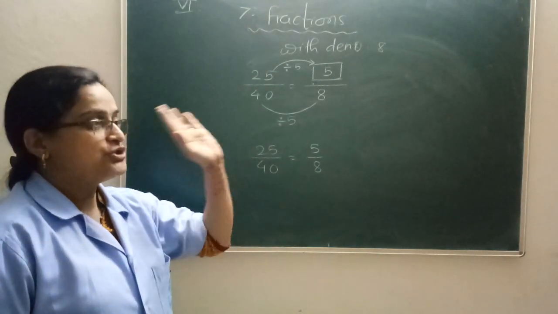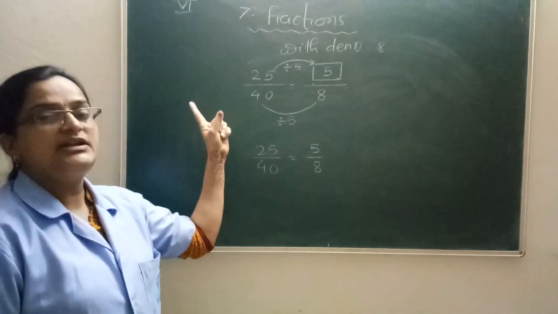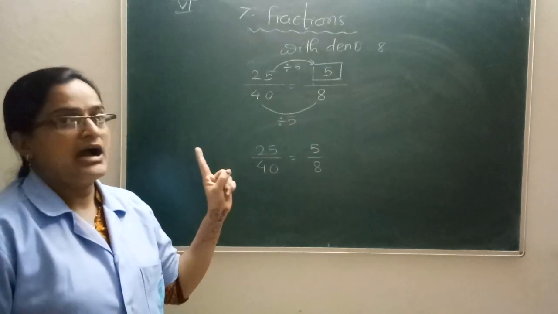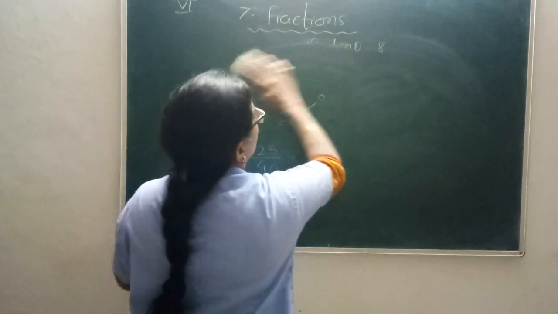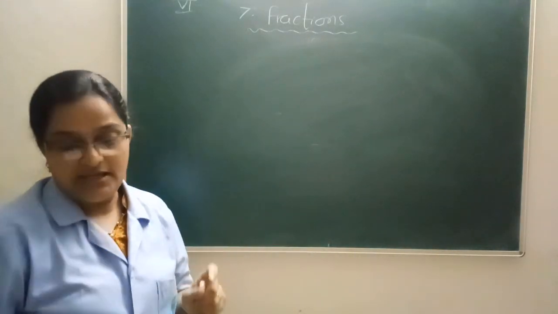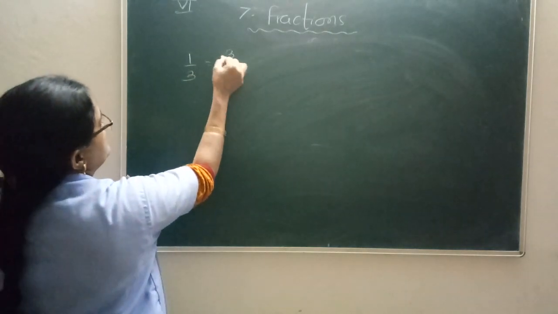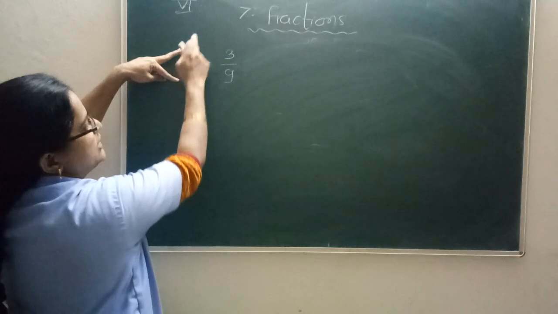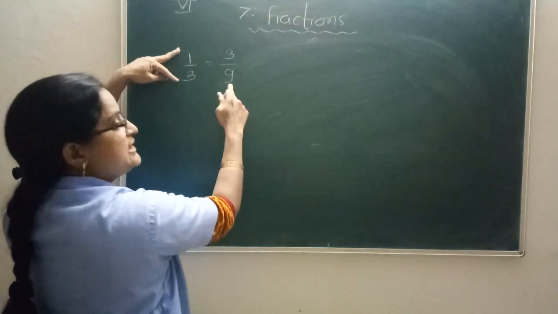If you think logically, properly, with full concentration, there is nothing difficult in understanding this. Is that very clear, my dears? Okay. Now let us see one fact about these equivalent fractions. Now see, a few equivalent fractions I am going to write here. Are they equivalent? 1 3s are 3, and 3 1 3s are 3 3s are 9.